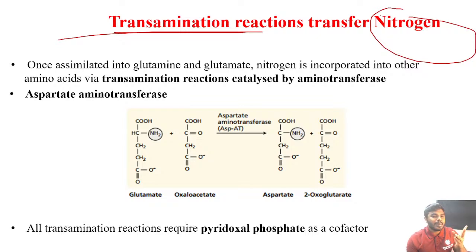But glutamine and glutamate are not the only amino acids, there are many other amino acids also. So we are converting one amino acid to another amino acid by a simplified transamination reaction. Do not forget it. Once assimilated into glutamine and glutamate, nitrogen is incorporated into other amino acids via transamination reactions.